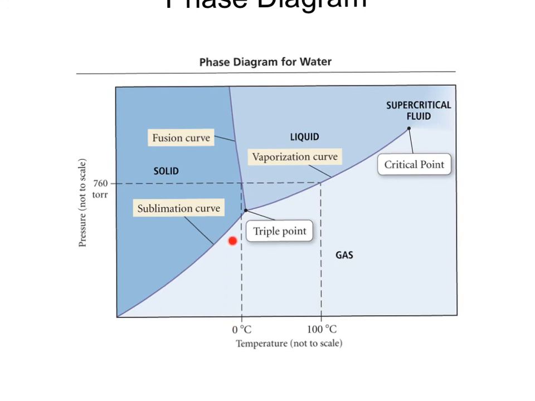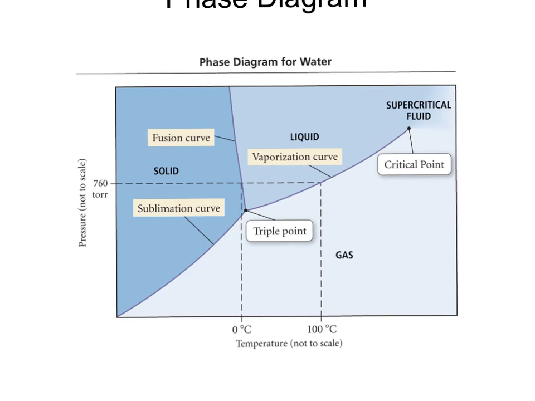So it can be minus 10 and 800, or it could be 0 and 760, but any points that are actually on the curve will be associated with the equilibrium between solid and liquid, and you can get the transition to occur.